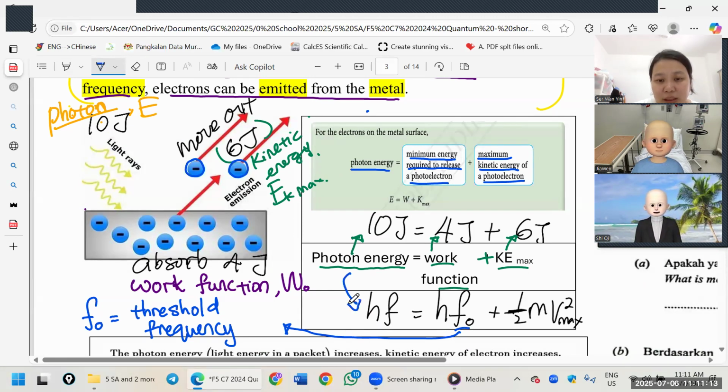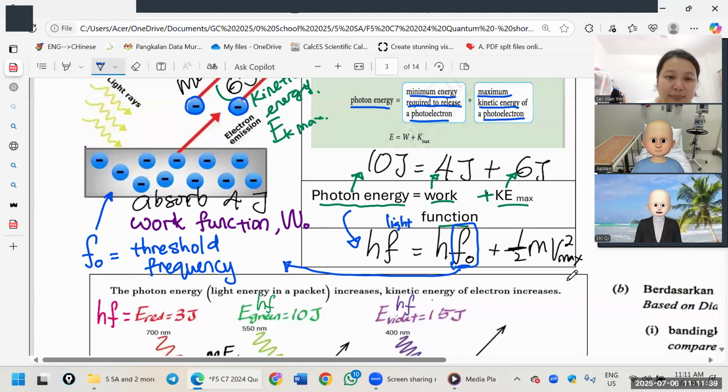Formula for photon energy, hf, f of light. So red light has one frequency, yellow light has another. Work function, the f naught, depends on the material, plus half mv squared, okay? Seems like you understand.